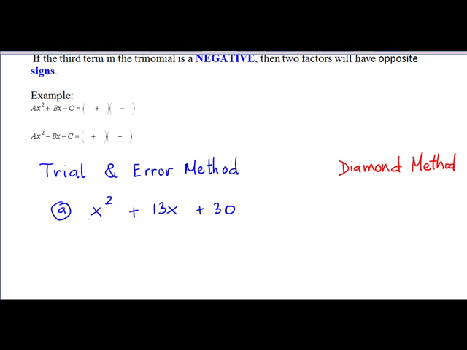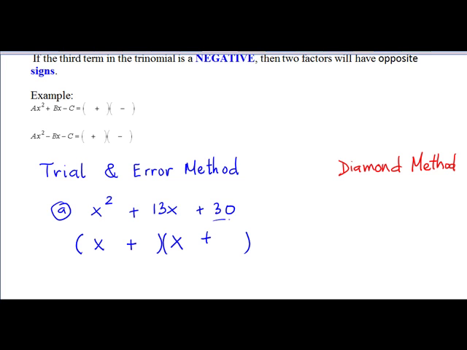So for trial and error, I see that all of the terms here have no common factor, so I'm okay with that. I'm safe. Go ahead and do the factor. You have x squared there, so you have x there, and x over here. The third term here is positive, so we have the same sign as the second term, which is positive and positive.